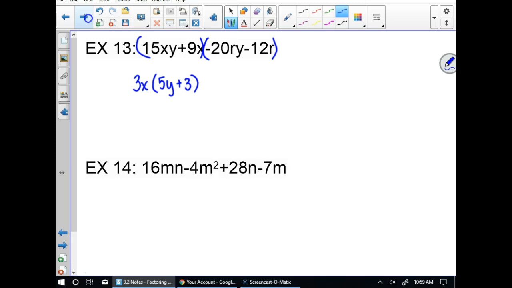What else could go with it? The r. So I'm going to have negative 4r, and that will leave me with 5y plus 3. And so since those match like we want them to, we'll have 5y plus 3 times 3x minus 4r.